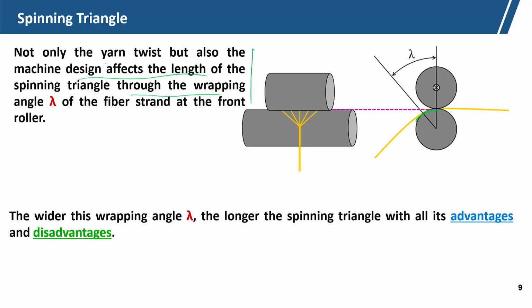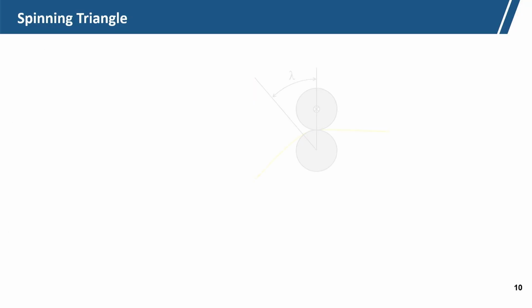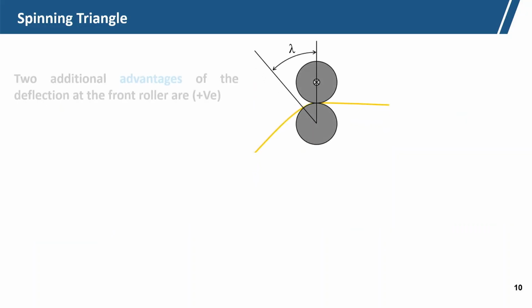The wider the wrapping angle lambda, the longer the spinning triangle, with all the advantages and disadvantages. So, if we have a wider wrapping angle, the twist will not flow, but it has its own advantages and disadvantages. Now, let us see what these implications are.